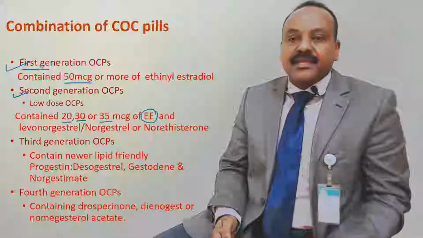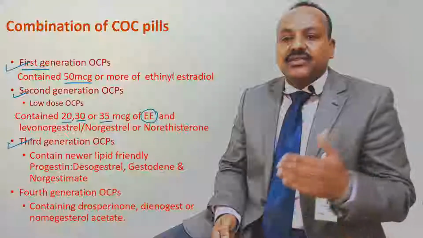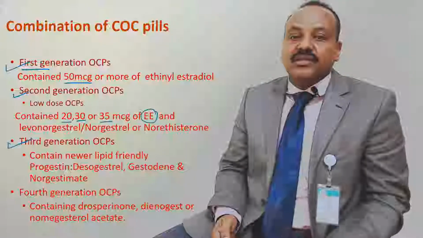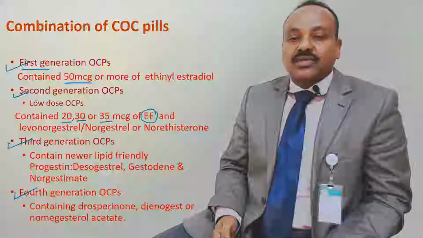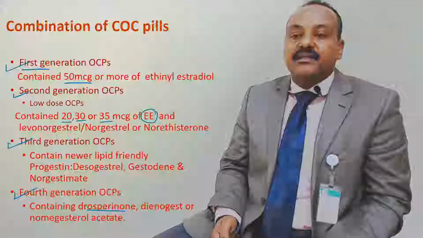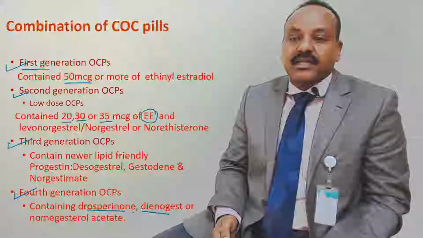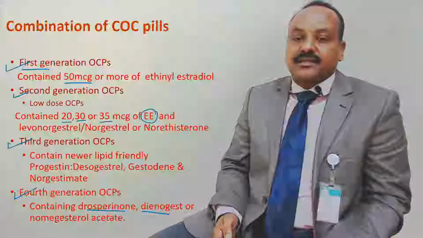The third generation contains newer lipid-friendly progestins, desogestrel, gestodene, norgestimate. Fourth generation of oral contraceptive pill contains drospirenone and desogestrel or norgestrel acetate.